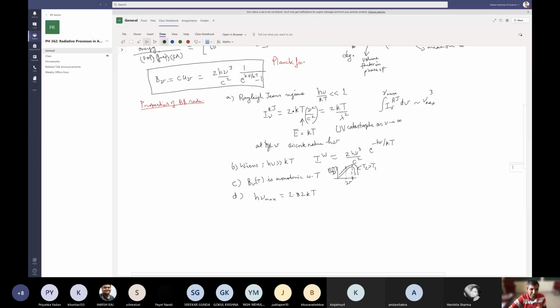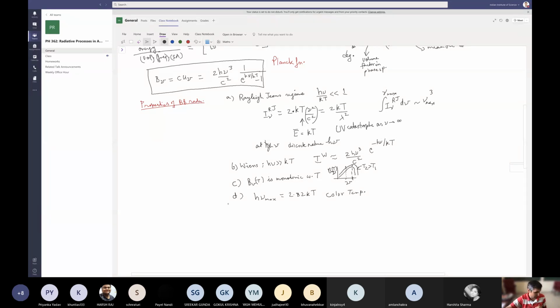You have B_nu as a function of nu, you just take the derivative of B_nu with respect to nu equal to 0. That will give you the maximum, and you can numerically solve it and get where the maximum occurs. This is sometimes used to infer the temperature of a star from the observed frequency distribution of radiation from it. So this is related to the concept of color temperature.